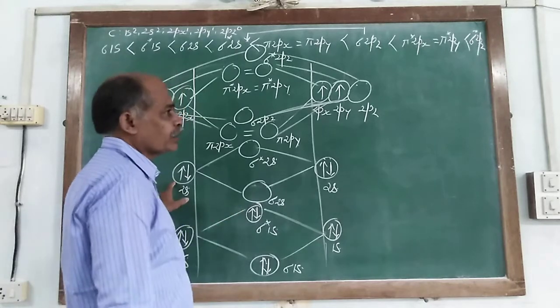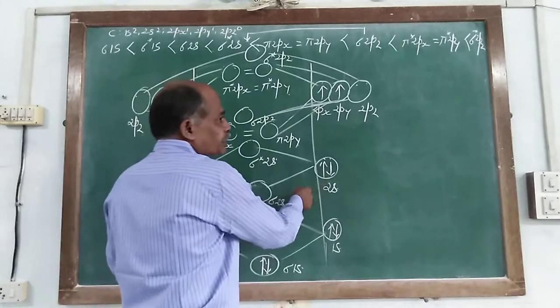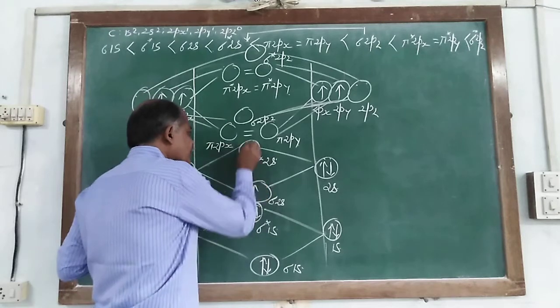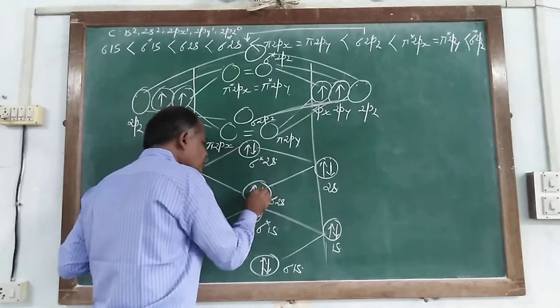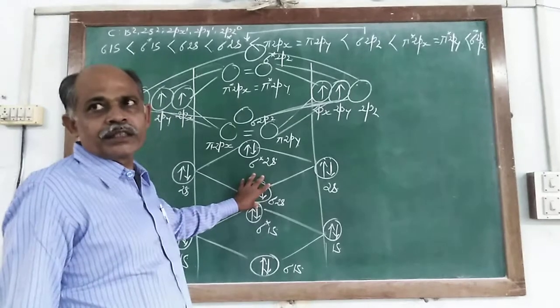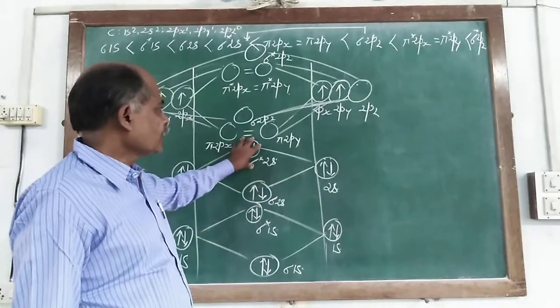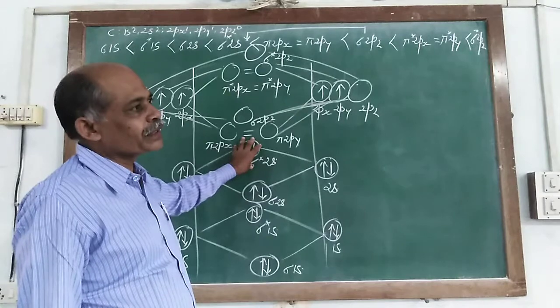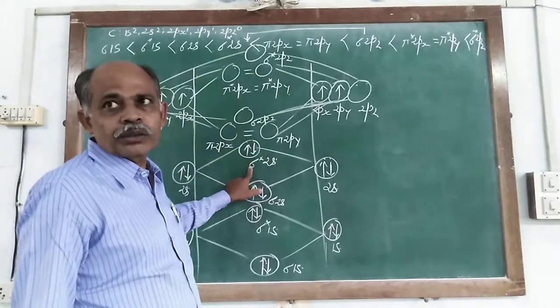A similar situation takes place in the 2s orbital. Here also 2 electrons accommodate in the bonding molecular orbital and 2 electrons in the anti-bonding molecular orbital.